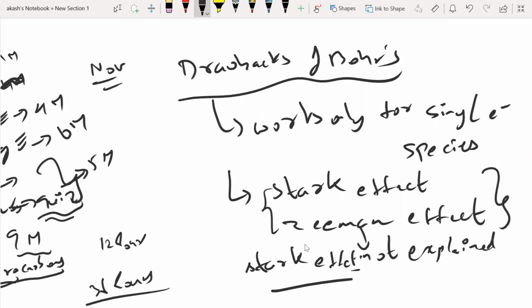Once again, I'll repeat the statement: it is the phenomenon of splitting of spectral lines in the presence of an electric field.